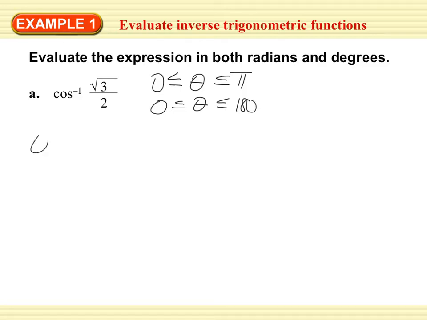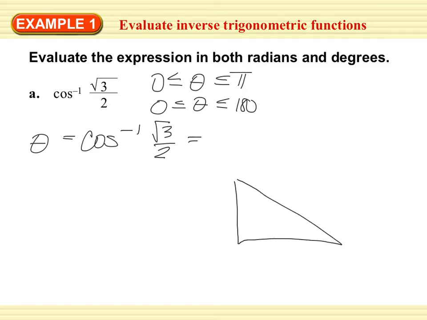So theta equals cosine^-1 of root 3 over 2, using my 30, 60, 90 degree triangle.